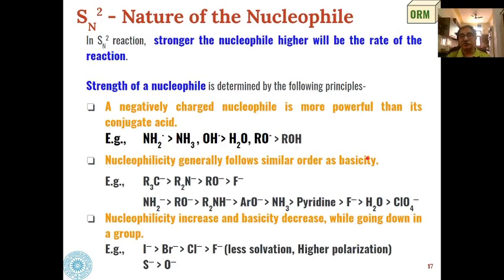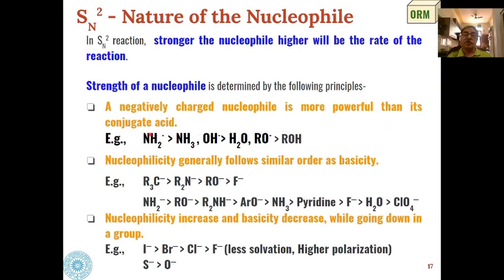Then SN2 type of reactions are very much dependent on the type of nucleophile which we are using during the reaction. The stronger the nucleophile, the higher the rate of the reaction. And we know that the strength of the nucleophile is based on the following general characteristics. A negatively charged nucleophile is more powerful than its conjugate acid.